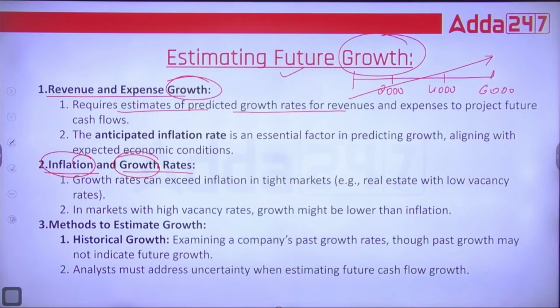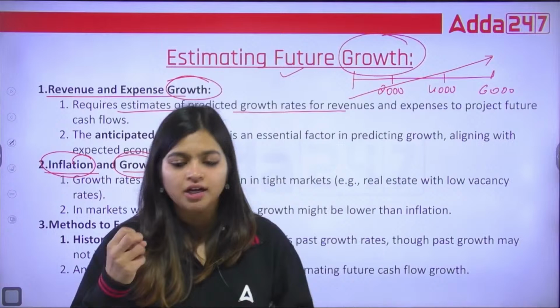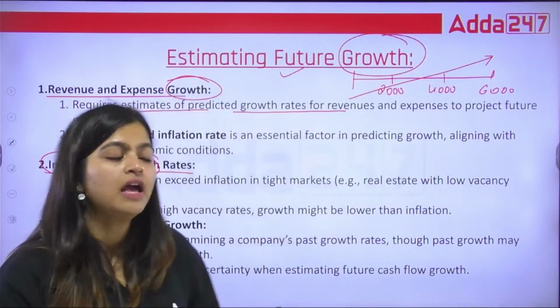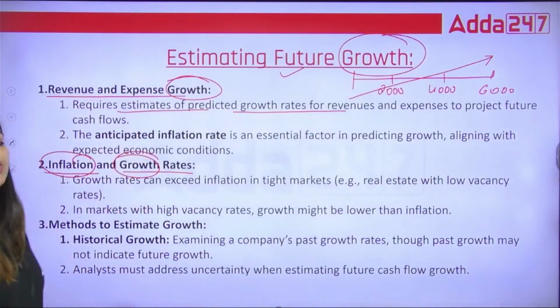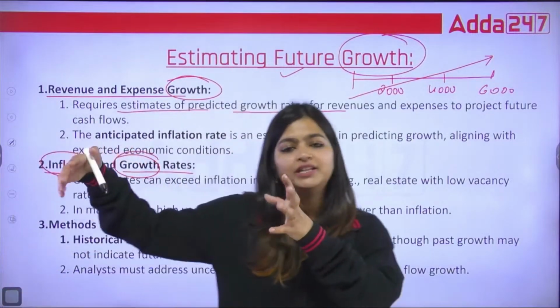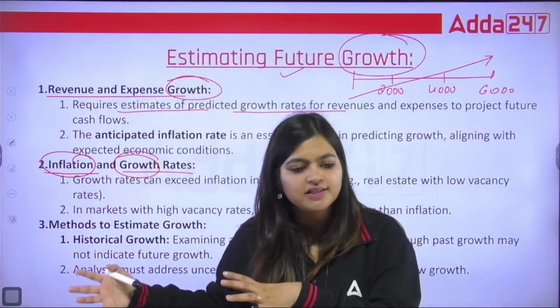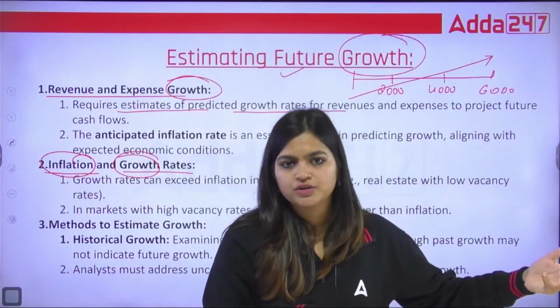Whenever we keep in mind the inflation and the growth rates, we call it inflation and growth rates. Different methods are also there, like the historical growth rate, what we were doing in the past. After considering past performance and past analysis, we make our future growth estimates.